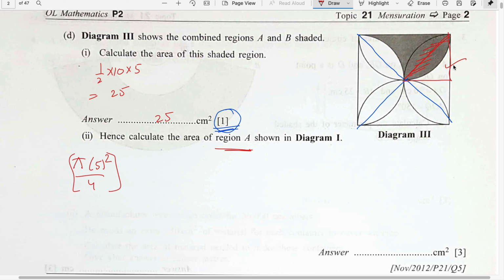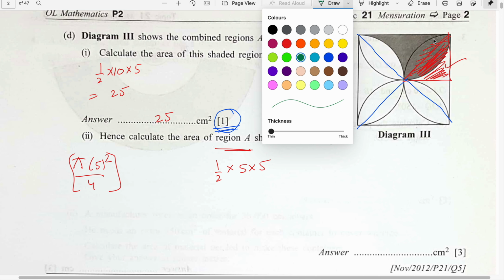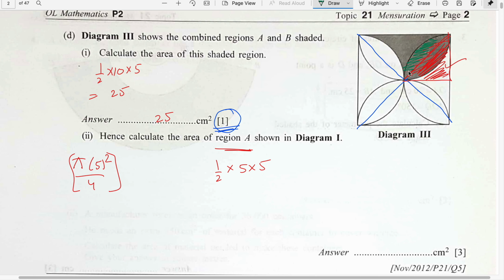How do I find this white part? If I just subtract this triangle, which is 1 by 2 into base into height, I am left with this upper part shaded in green. Can you see that?